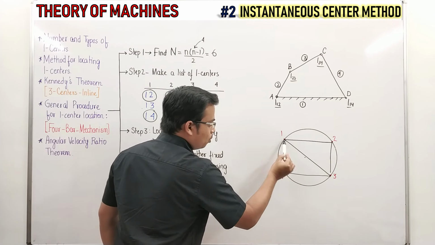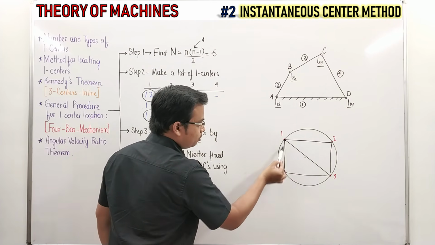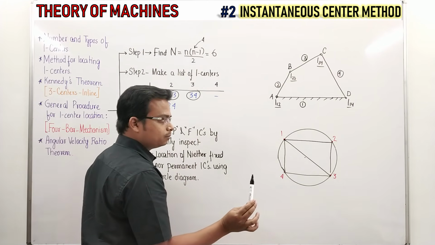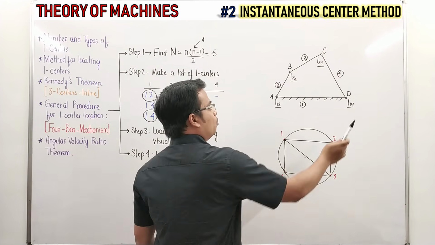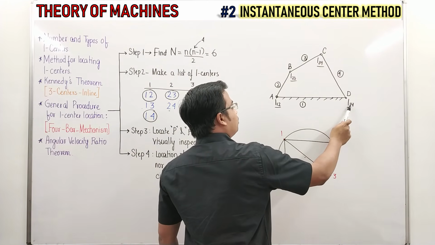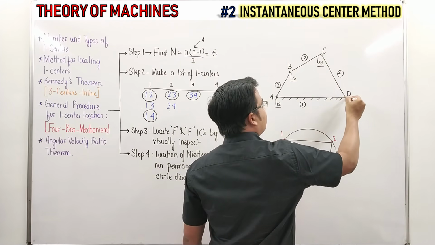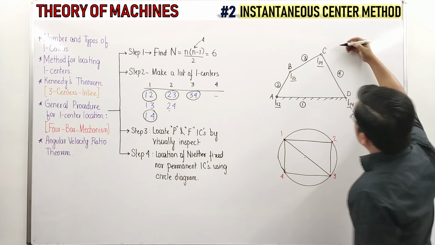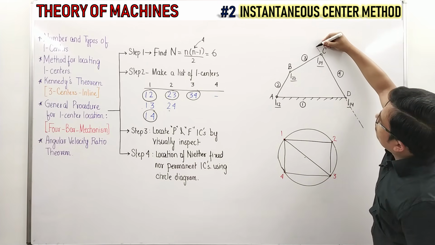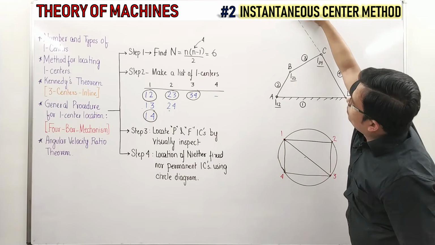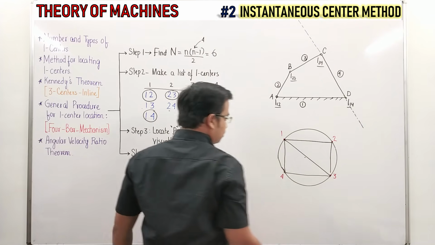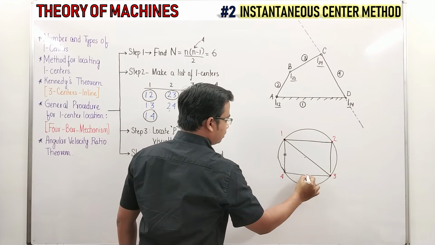One portion is 1, 3. The remaining portion is 1, 4 and 4, 3. Now draw a line passing through I centers 1, 4 and 4, 3. Simply extend. This way. Done. So this has been taken into the picture.